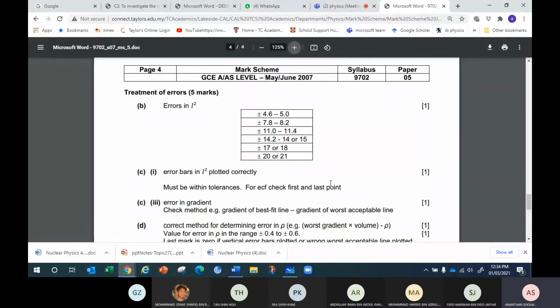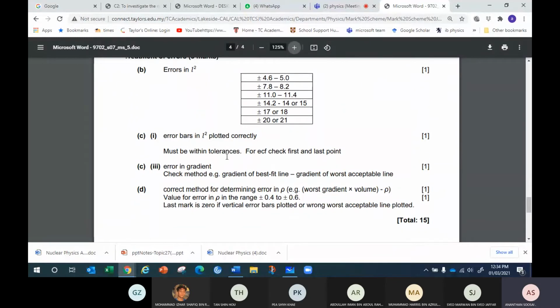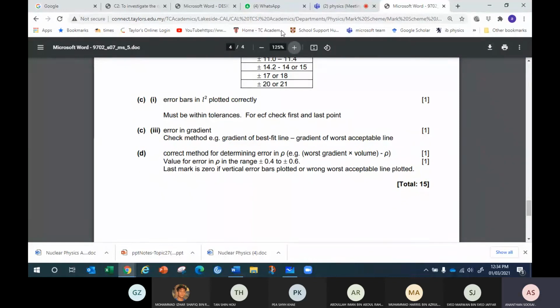For ECF, check the first and last points. Here they give ECF; it must be within tolerance. For ECF, check the first and the last points. Error of gradient: if your data here is wrong, for the gradient error you still get the mark because they're just checking the method.